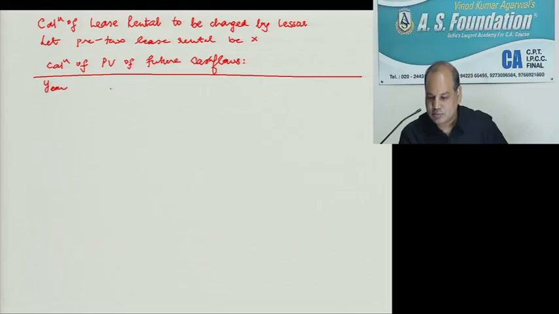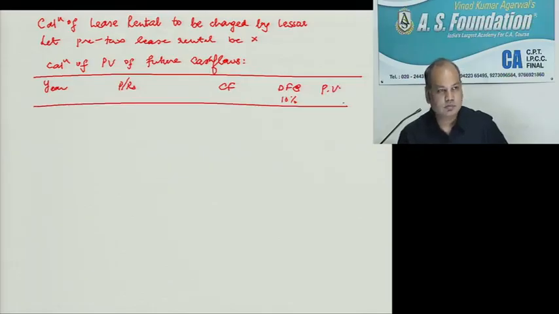Year, particulars, cash flow, discounting factor at the rate of 10%. He wants 10%. Present value. Year, how many years are there? Is lease rental at the beginning or at the end?